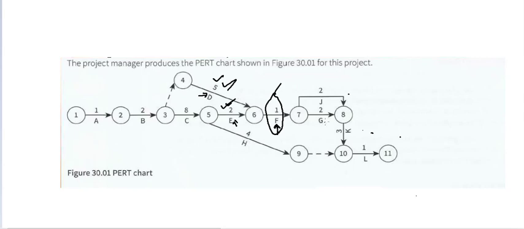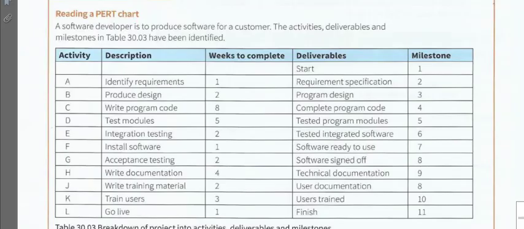Next we can see that we have two activities, activity J and activity G, which are taking place in parallel, and both of these activities are taking 2 weeks. G is related to acceptance testing, which means now that the software has been installed at your client's premises, the people working at the office are going to run that software.